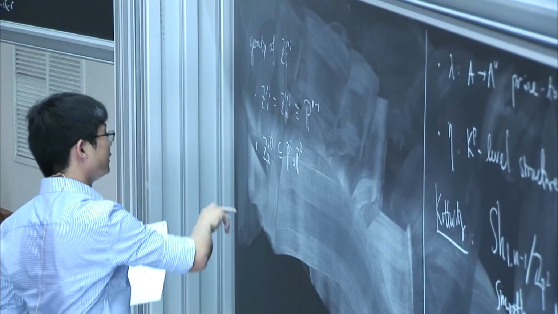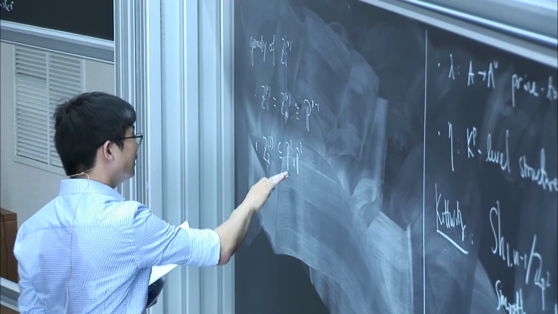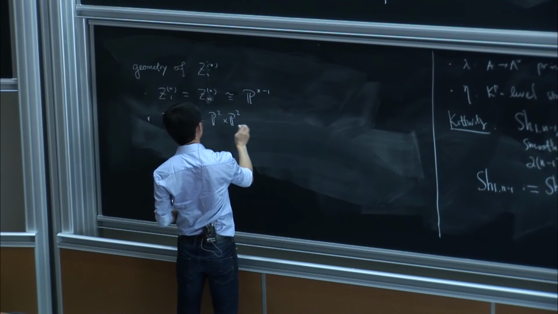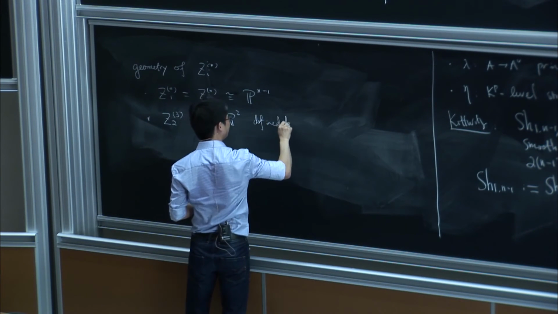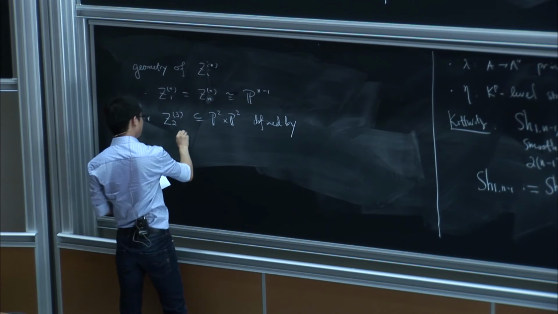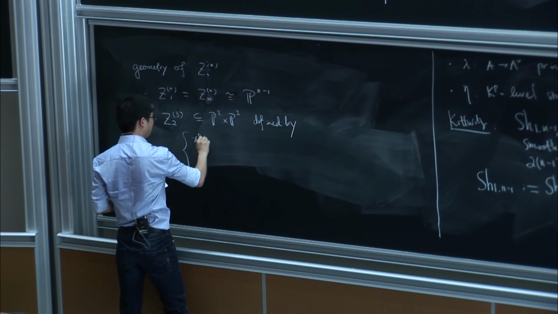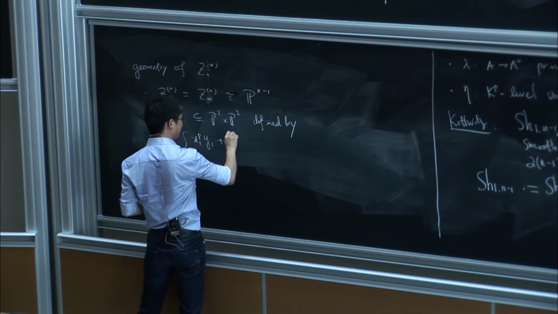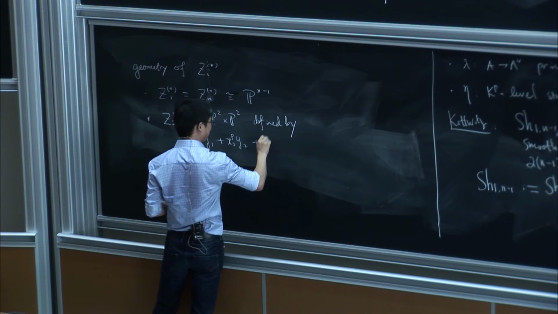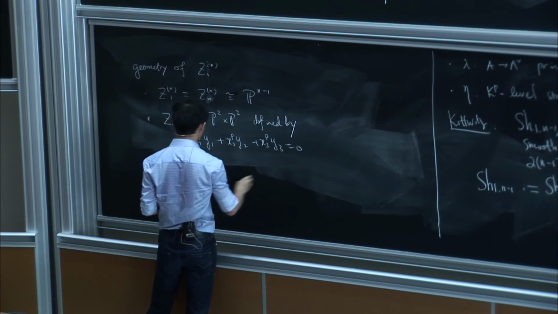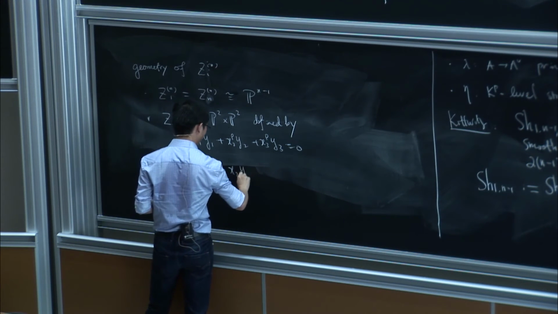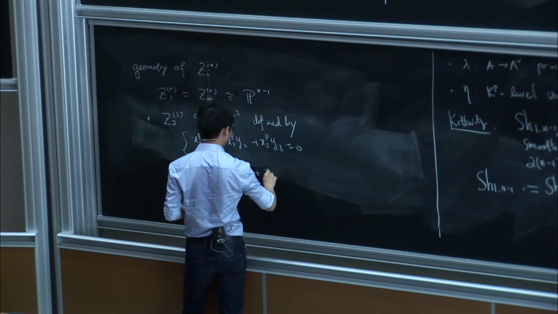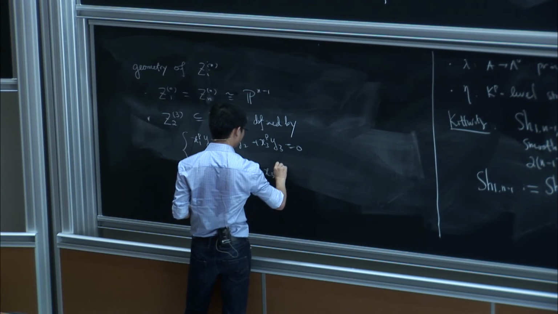Then this is naturally a subvariety in two copies of P^2, defined by the equation x_1^p y_1 + x_2^p y_2 + x_3^p y_3 = 0, and you exchange the roles of x and y.